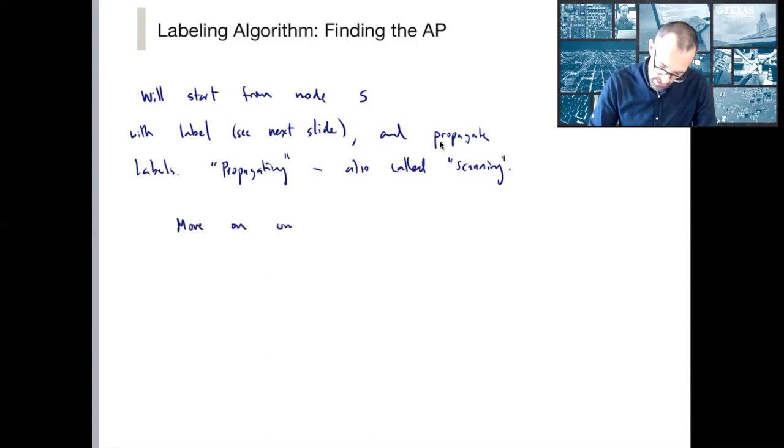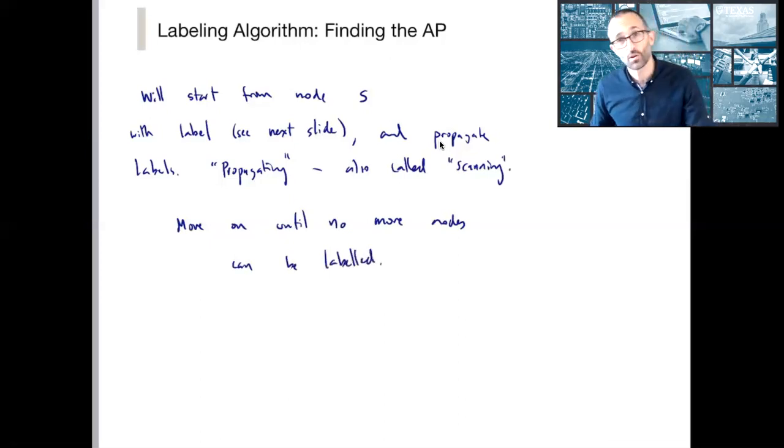Move on until no more nodes can be labeled. And at that point, either all of the nodes will be labeled or not, but certainly no more of the nodes can be labeled. So let me explain how we assign labels.